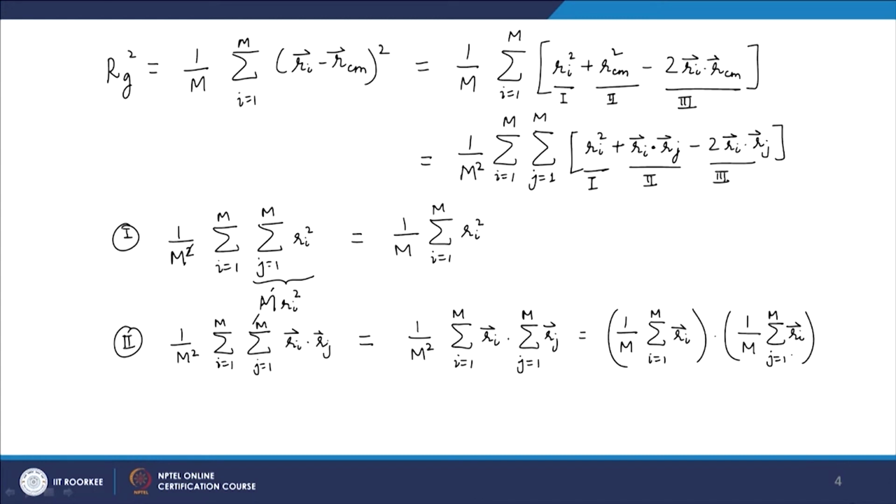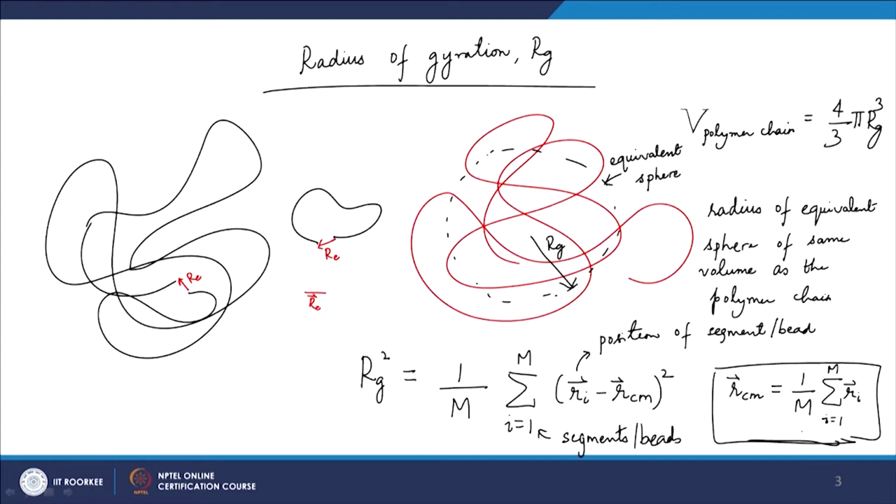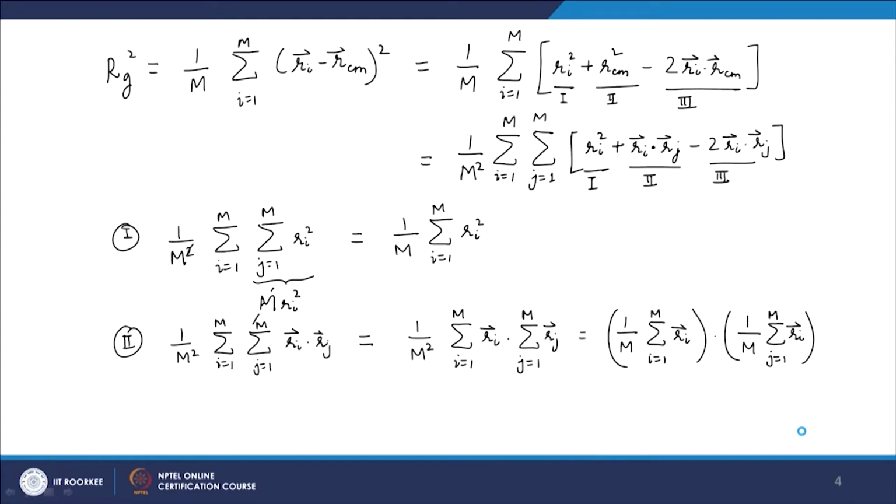which, by the way, is same as the expression for the center of mass vector that we had written. So, this will be same as RCM squared, and now I can also write RCM squared as RCM squared multiplied by 1 by m, and then a sum over, just a complicated way of writing this to get the expression that we want.